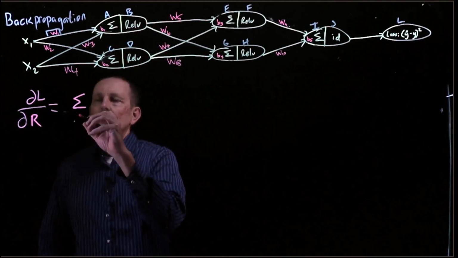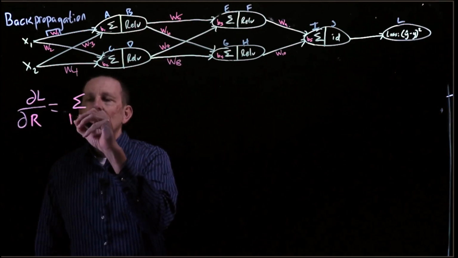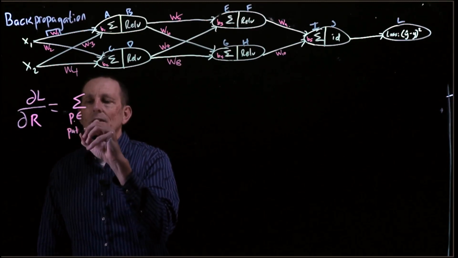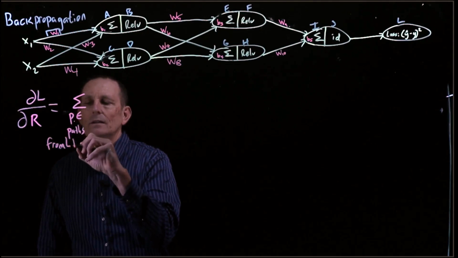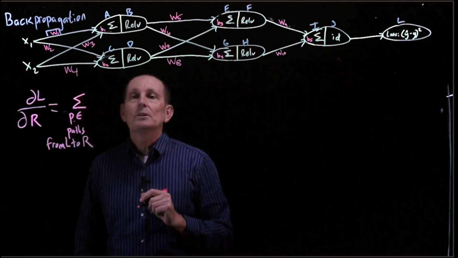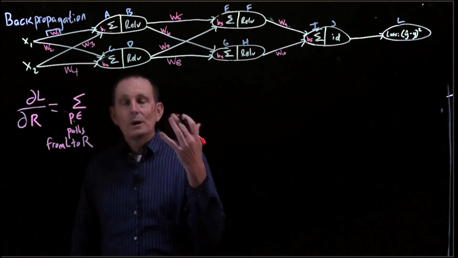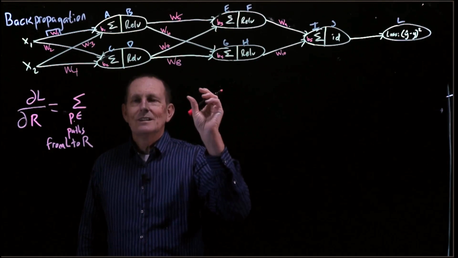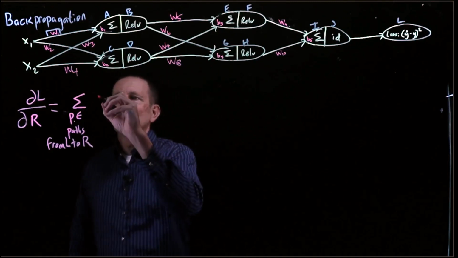So we have a summation over the path P that is a member of the paths from L to R. That gives us each path. And then how do we compute the gradient for a particular path? We multiply together the gradient for each individual element of the path.